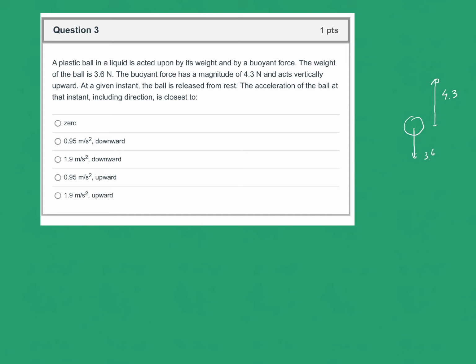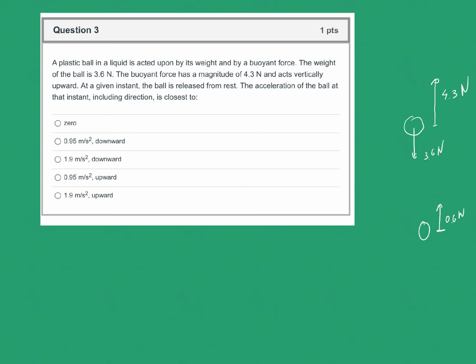It has a force in this direction, the weight, 3.6 newtons, and a force in the upward direction, 4.3 newtons. Do we have force? Yes, the force is not zero. What we have is 4.3 minus 3.6, which is 0.7 newtons going up.